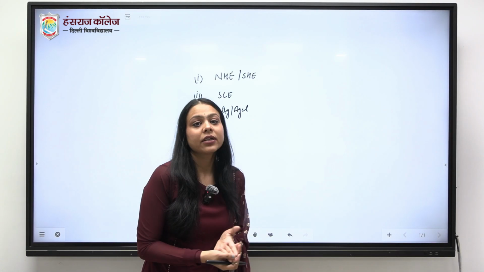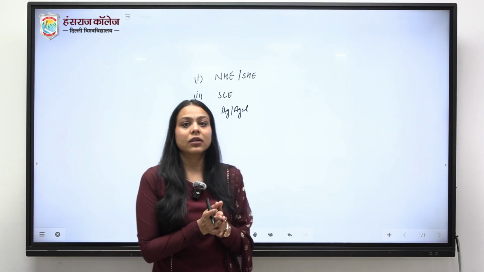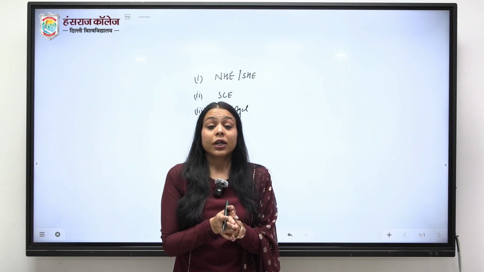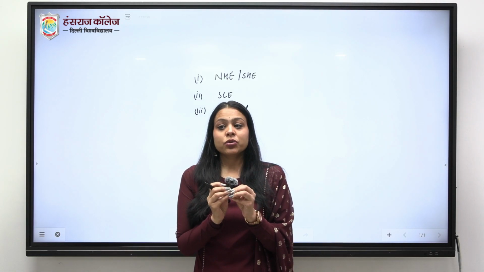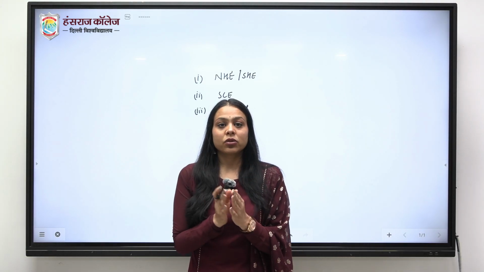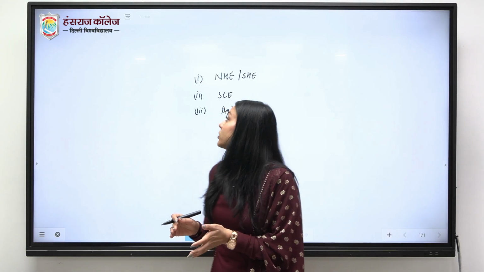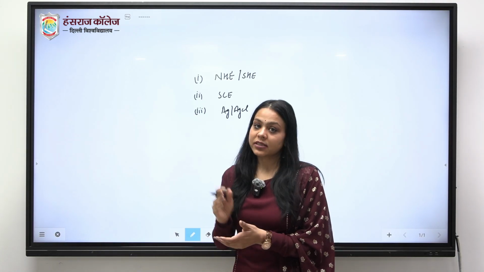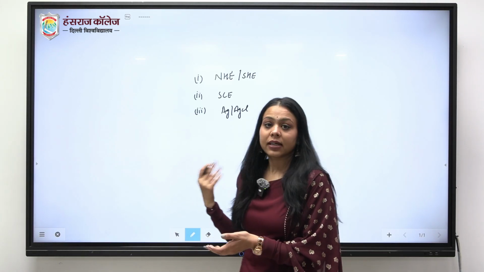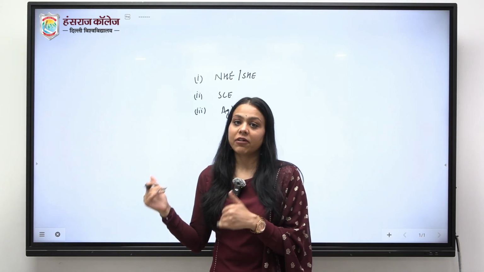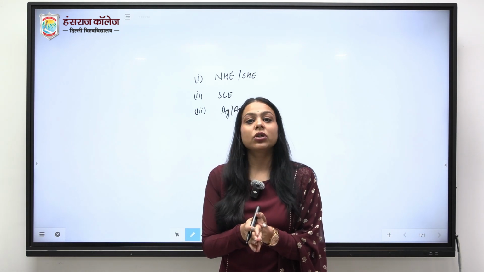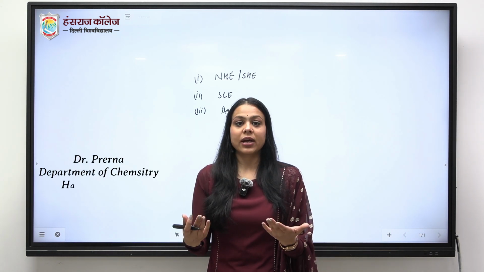In a normal or standard hydrogen electrode, we choose standard conditions, meaning the activity of your solution should be 1. So that is your normal hydrogen electrode, then standard calomel electrode, and AgAgCl electrode. So these are the reference electrodes which you can choose to carry out your electrochemical measurement.